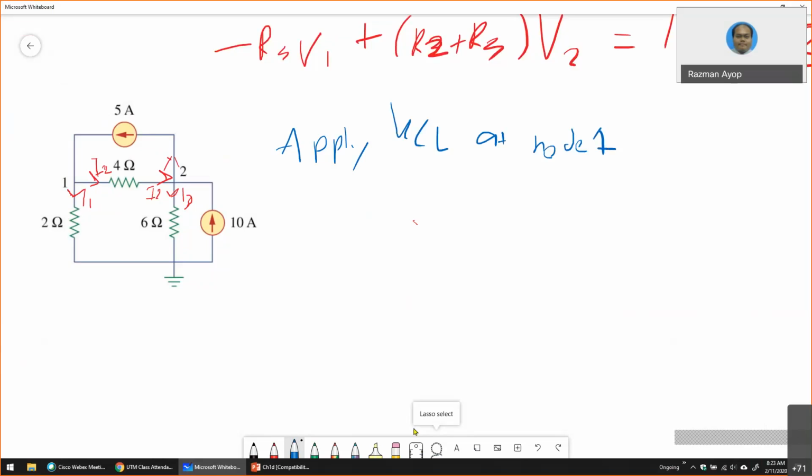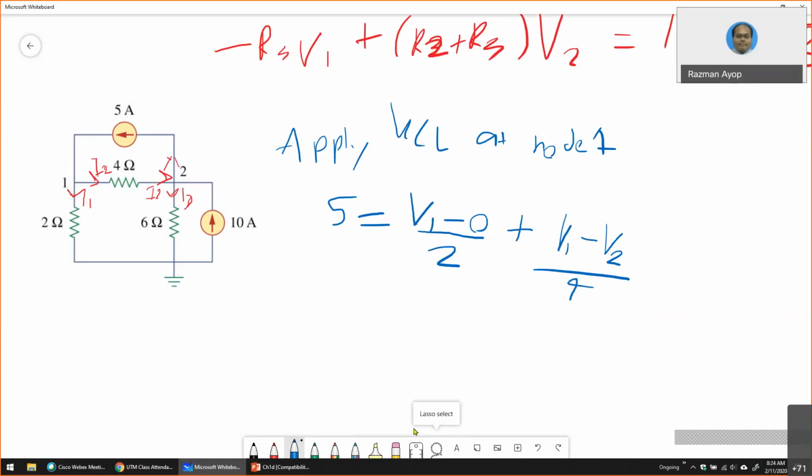So this is node 1, so current goes in and current goes out, so 5 equals to V1 minus 0, because this is ground, divide by 2, then plus I2. I2 is basically V1 minus V2, because it's moved from node 1 to node 2. So V1 minus V2 divide by 4. So you get the first expression.